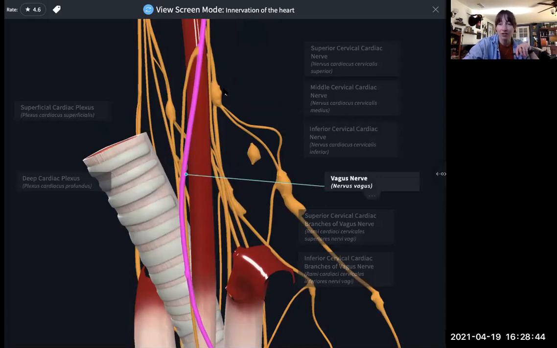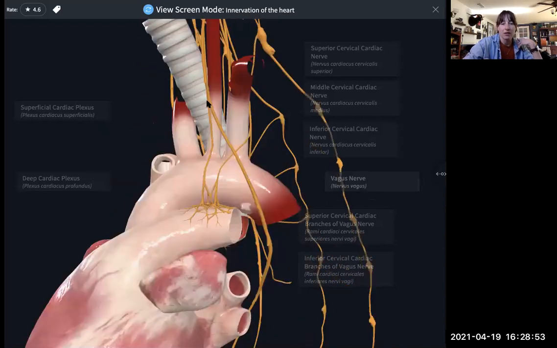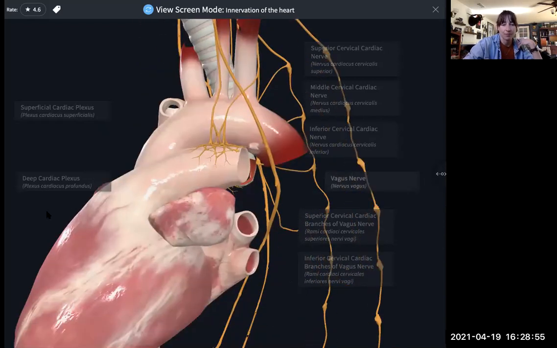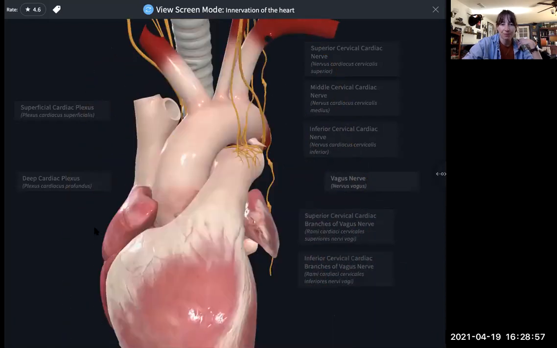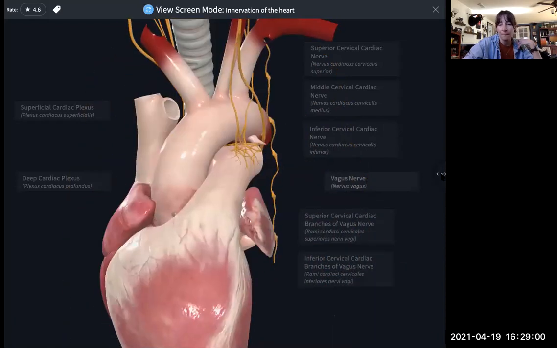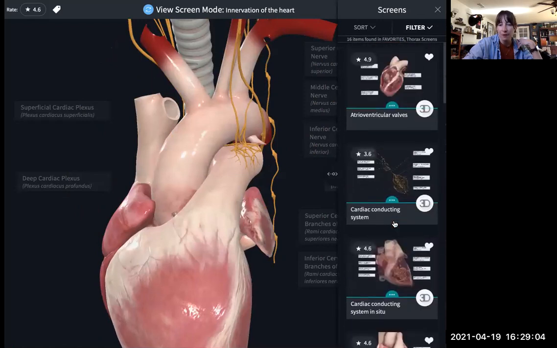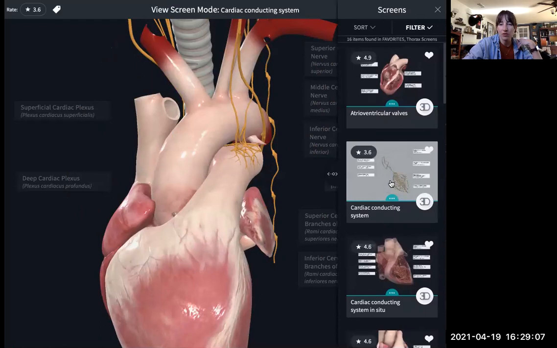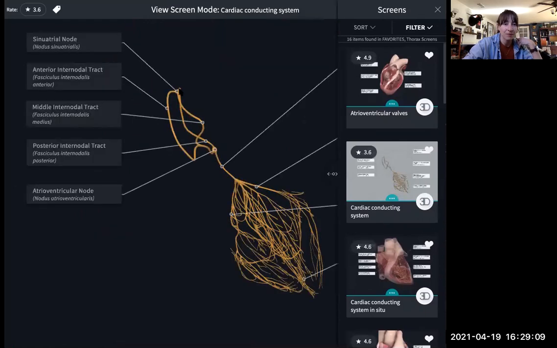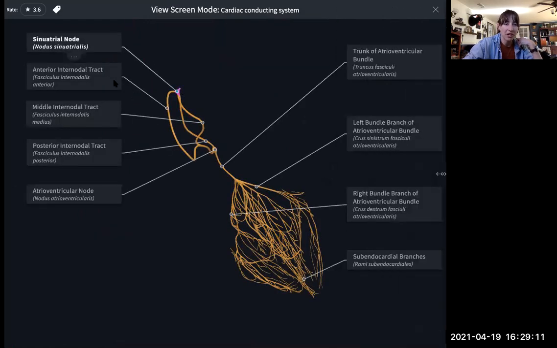So remember that cranial nerve from your brain, which controls so many important functions of vital organs throughout your body, also has its role in innervating the heart, okay? So the vagus nerve is a really important one. I'm not needing you to know exactly which nerves go to the SA and the AV nodes. So don't worry about that too much, or even the tracts in between the two nodes, like this internodal tract.